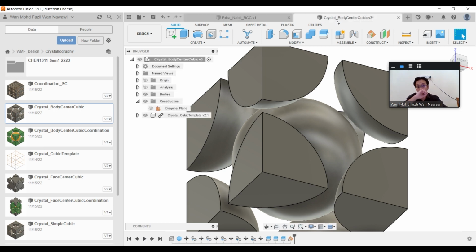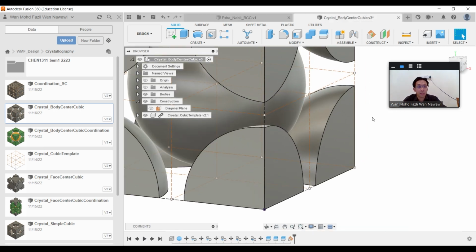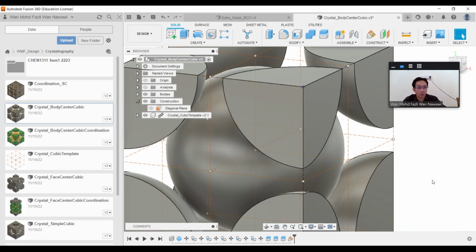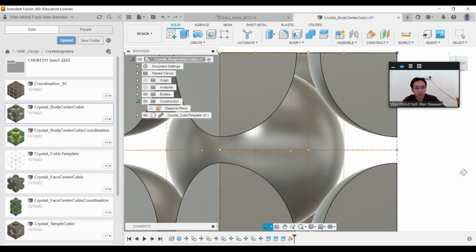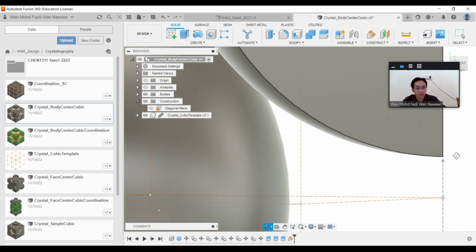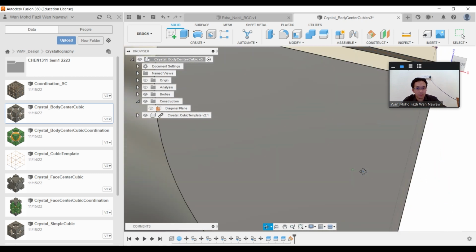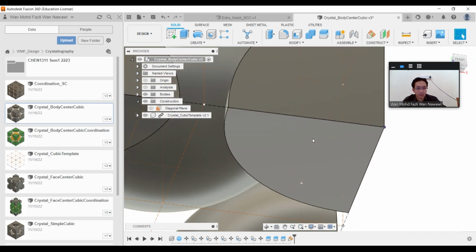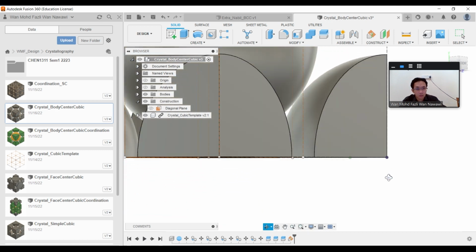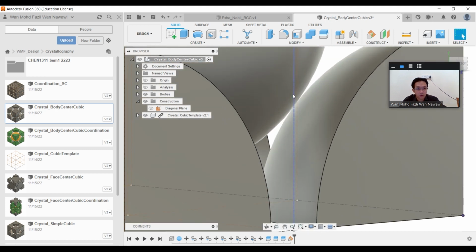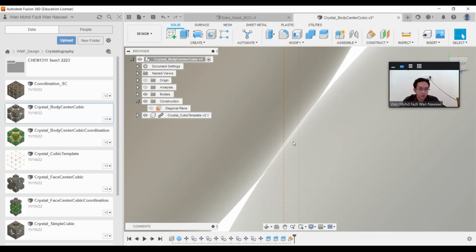So this is what I drew. If you look here, this is the correct one. You can see there is no gap there, so the atom is connected.